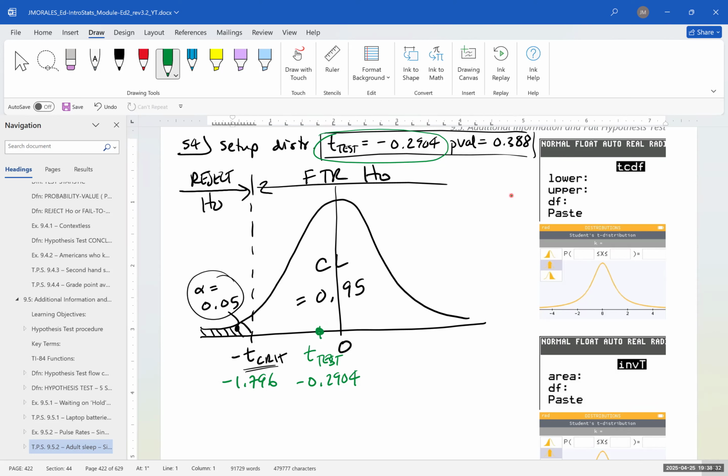And so from this spot on the number line, we're just going to go straight up from there, and that leads us to fail to reject the null. And the area alongside our test statistic, that is our p-value, that was rather large at 0.388, or about 40%.